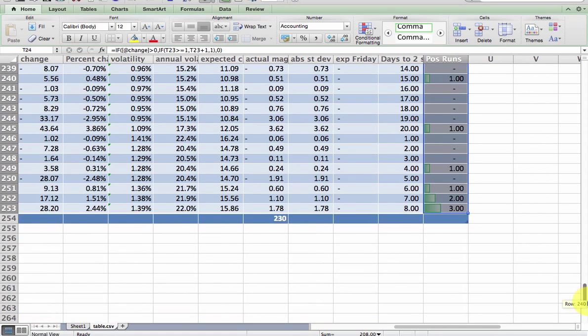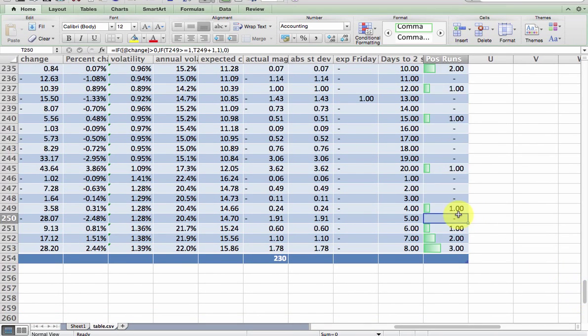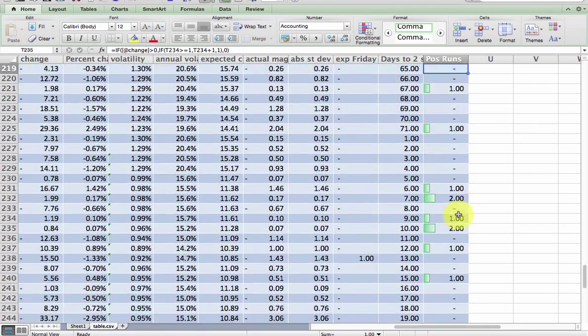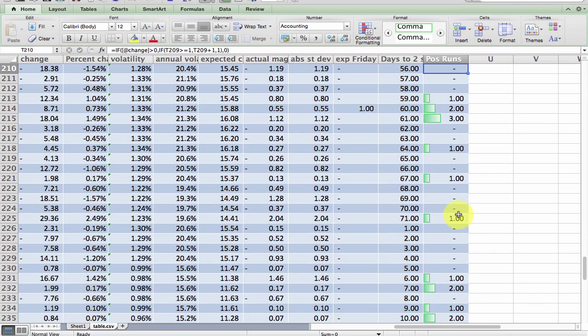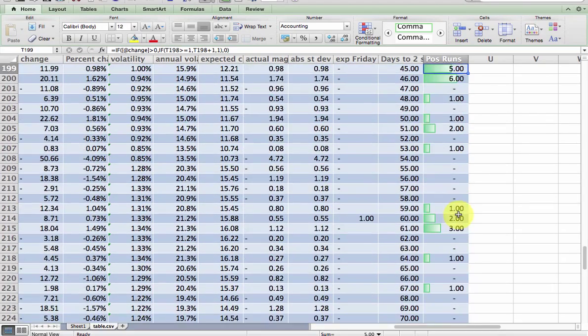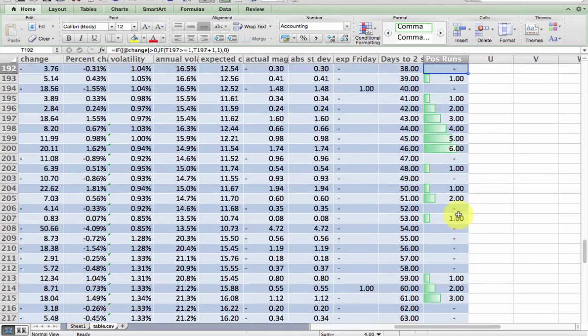You can just scroll back through the data and see where the bars are. It doesn't look like Priceline during this period had lots of runs of positive days.